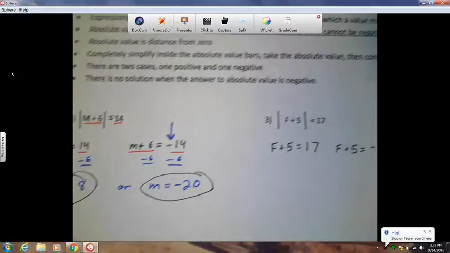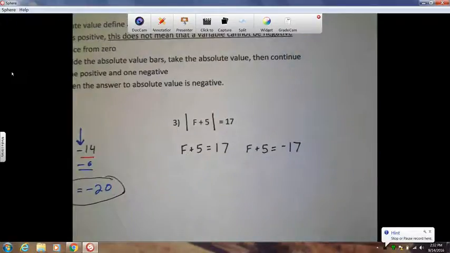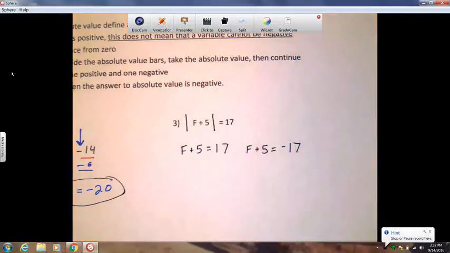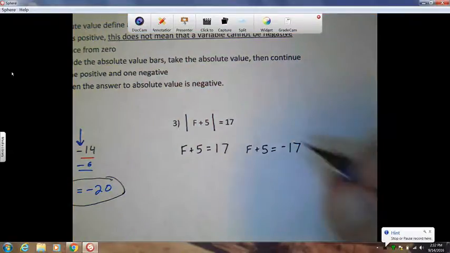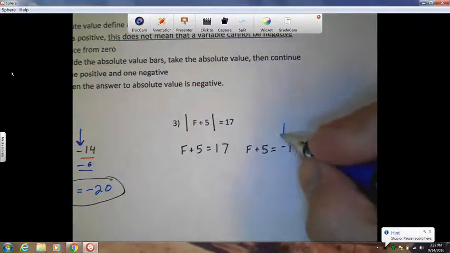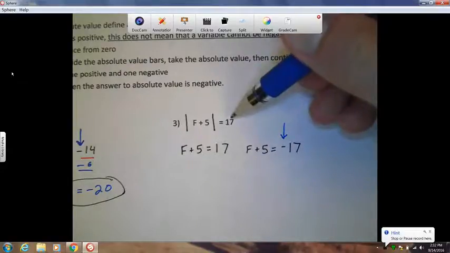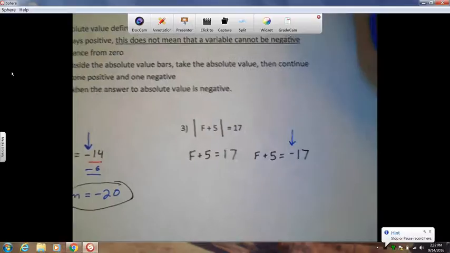I'm going to go to number 3 next. So I've already written it twice, so make sure you remember this. I'm doing my two cases, one positive, one negative. Check to see if my absolute value is negative, because if it is, then that's no solution.